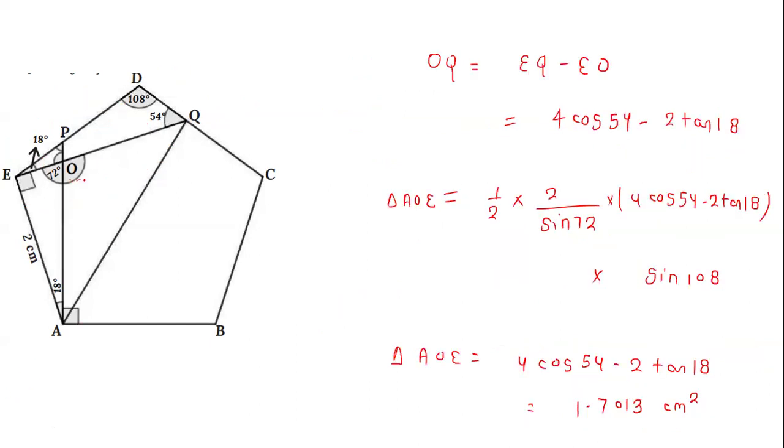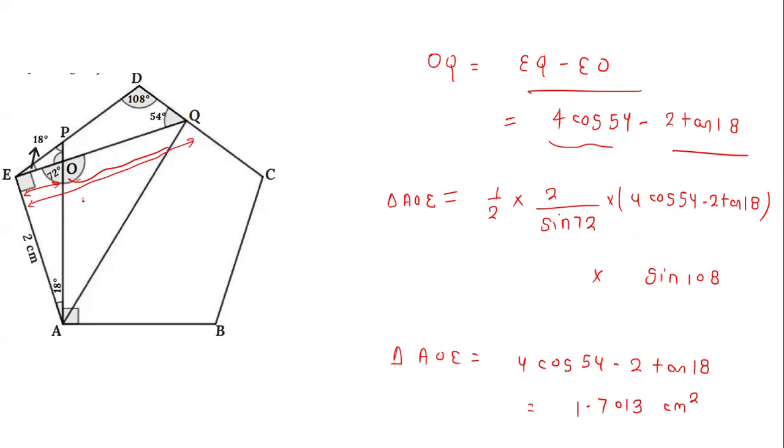So we can find this OQ length as the whole EQ length minus this EO length. We calculated EQ as 4 times cos 54 and EO as 2 times tan 18 degrees.